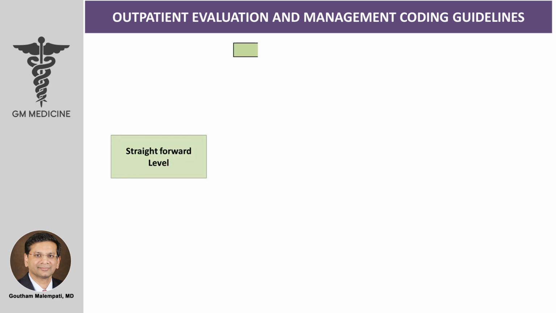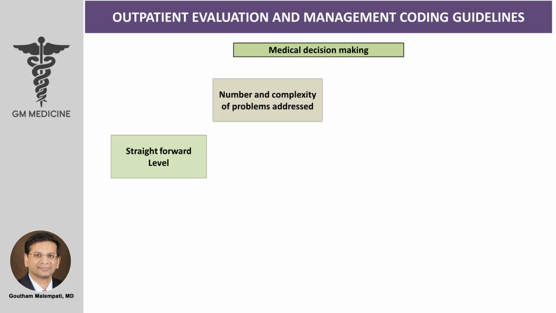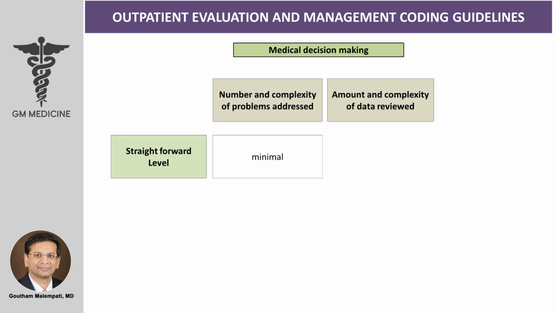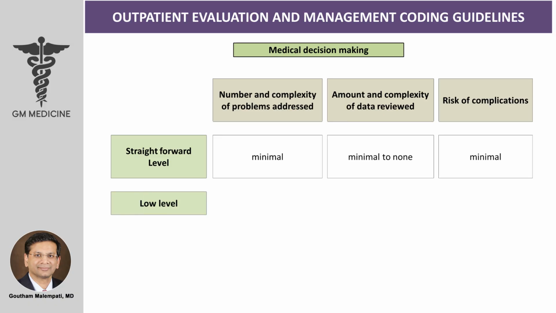For straightforward level of medical decision making, the number and complexity of problems addressed is minimal. Amount and complexity of data reviewed is minimal to none. Risk of complications is minimal. For low level medical decision making, number and complexity of problems addressed is low. Amount and complexity of data reviewed is limited. Risk of complications is low.